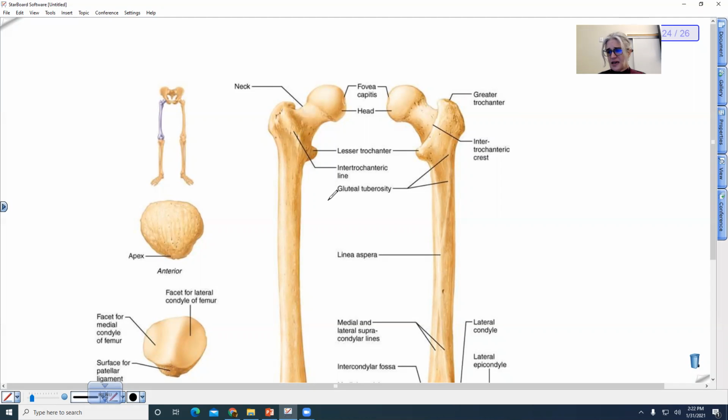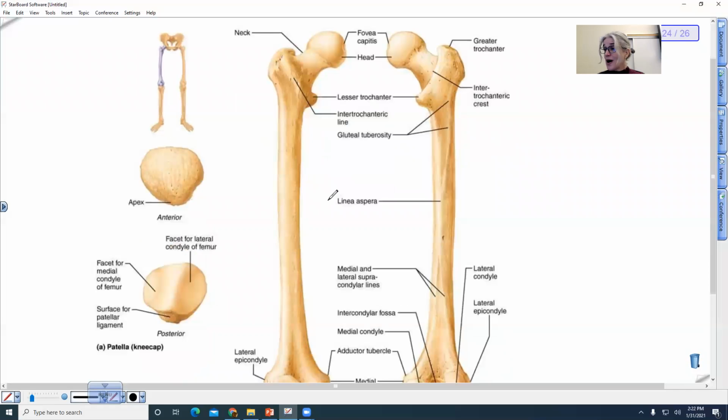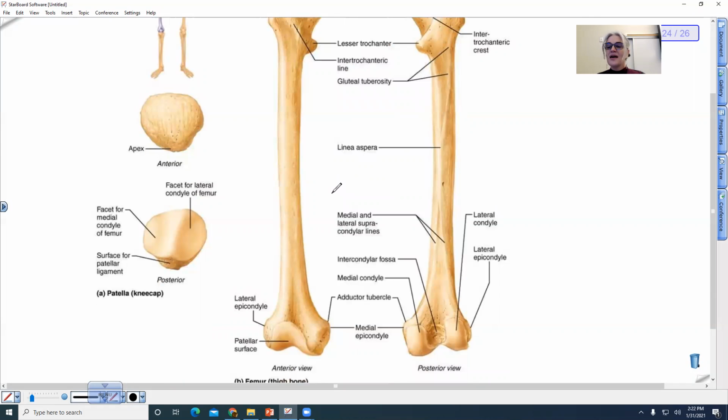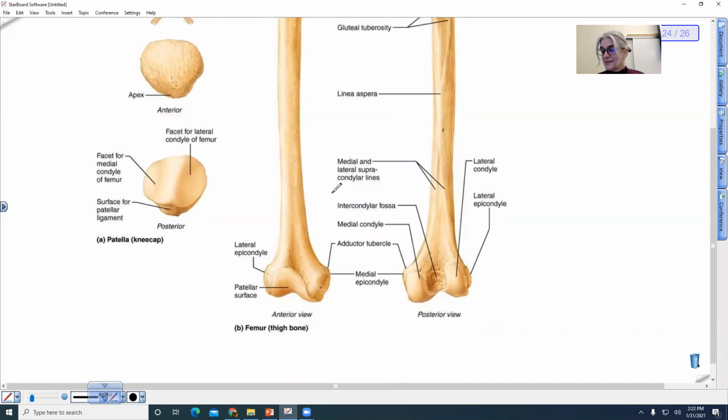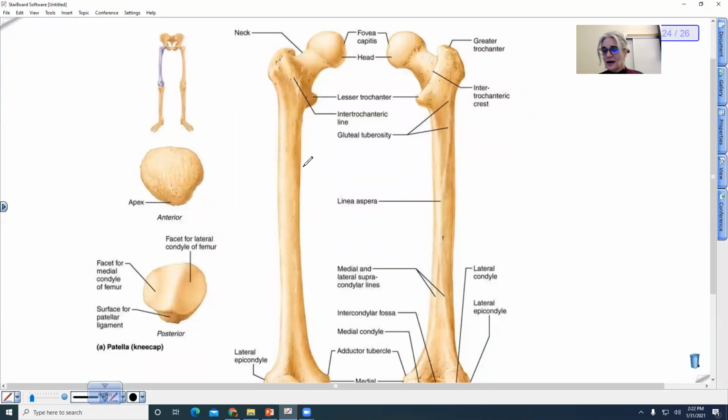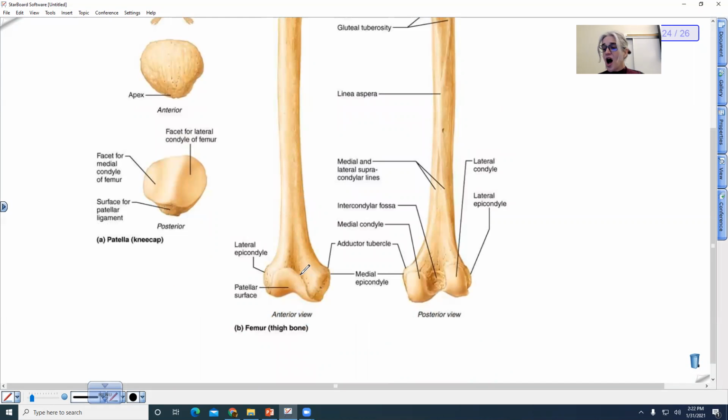When we look at the femur, at the proximal end, it has the head. At the distal end, it has condyles. These are the big condyles right here.